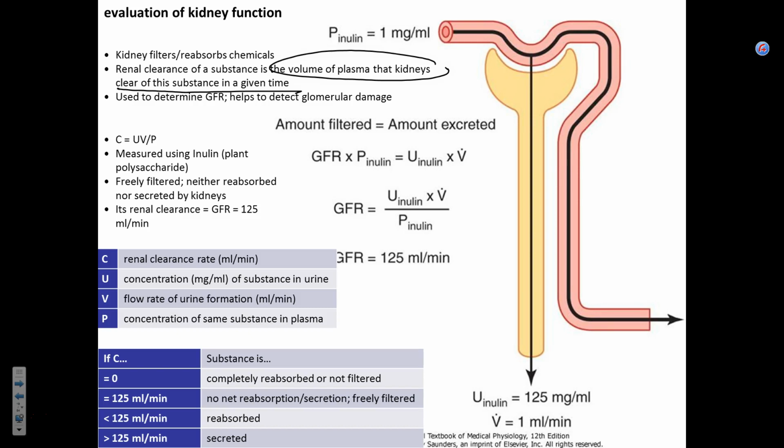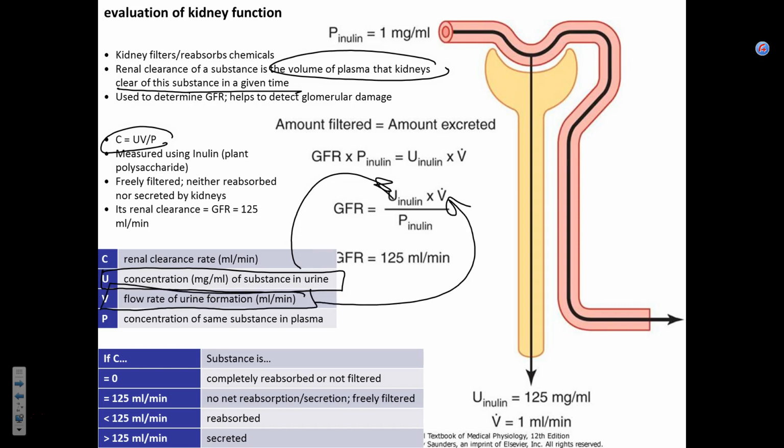Okay? It can be calculated using this formula right here, where U is the concentration of the substance in the urine, V, the flow rate, essentially GFR. Does that make sense? And P, the concentration of the substance in the plasma.